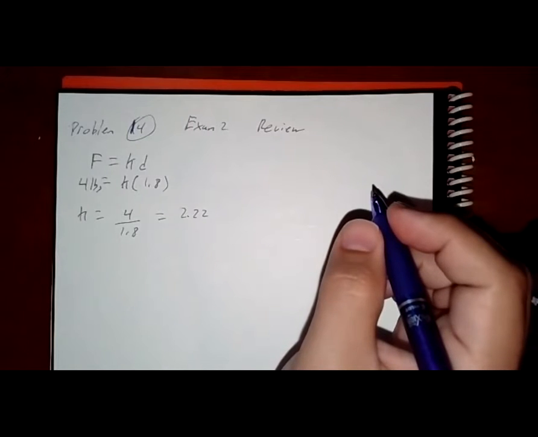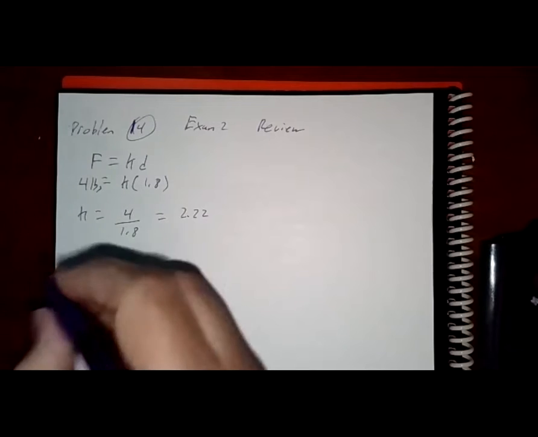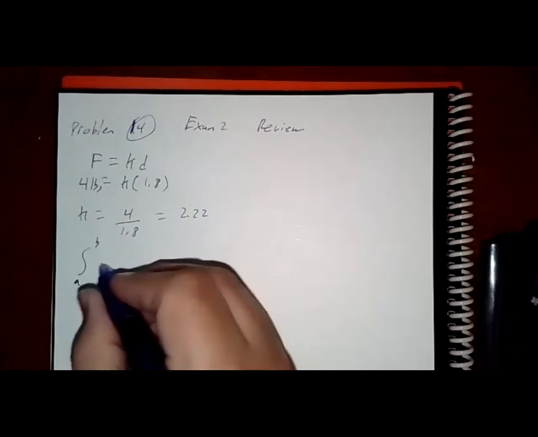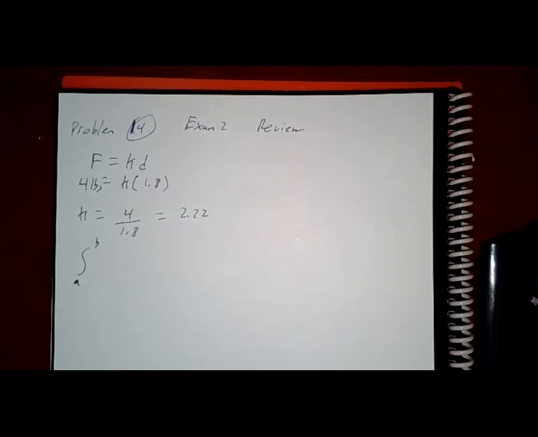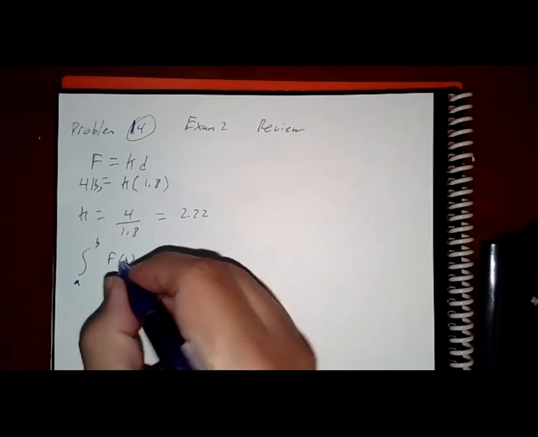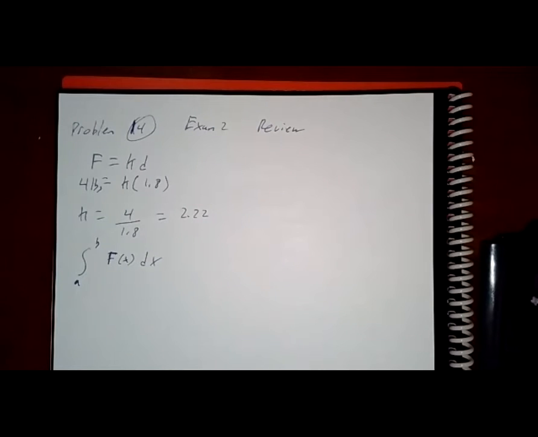Okay, so then they asked me how much work is done. So the equation for work is the integral from some A to B. What's the formula? I think it's f of x dx, where our f is the spring constant.